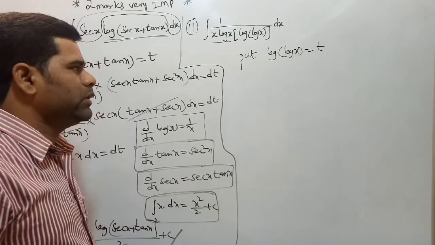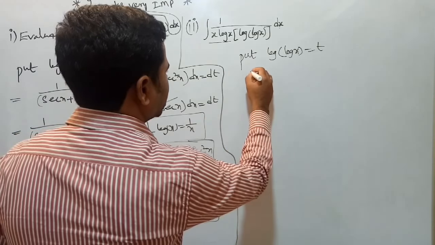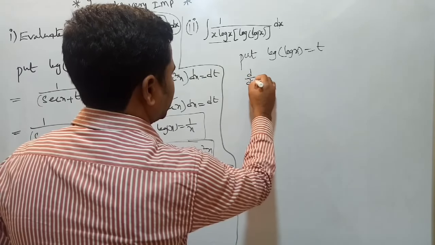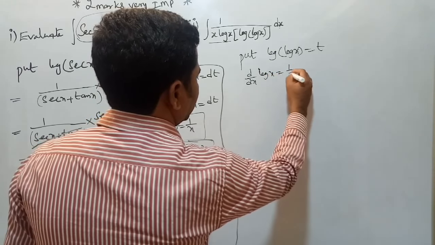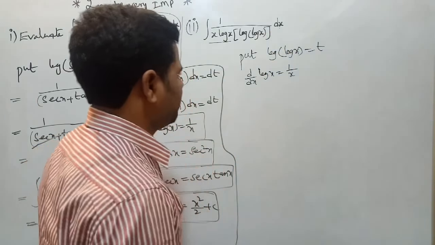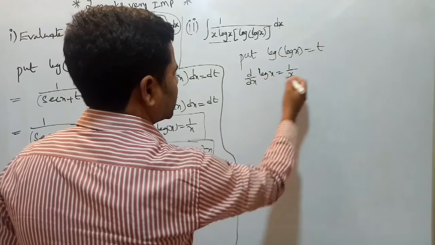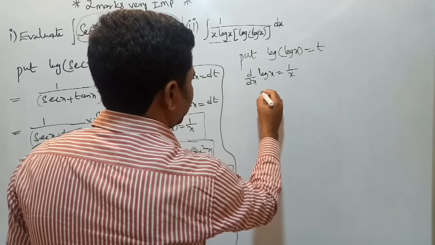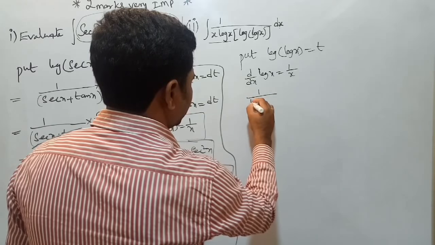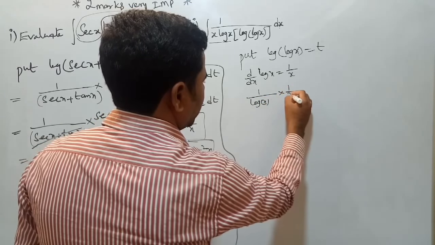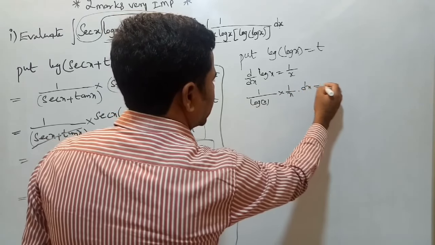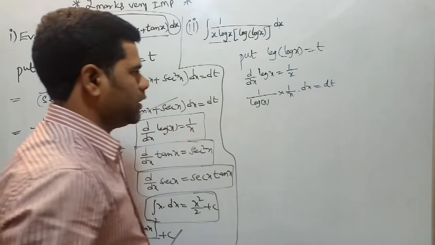Now derivating on both the side, d by dx of log x is equal to 1 by x. So log of log x, 1 by log x into 1 by x dx is equal to dt.